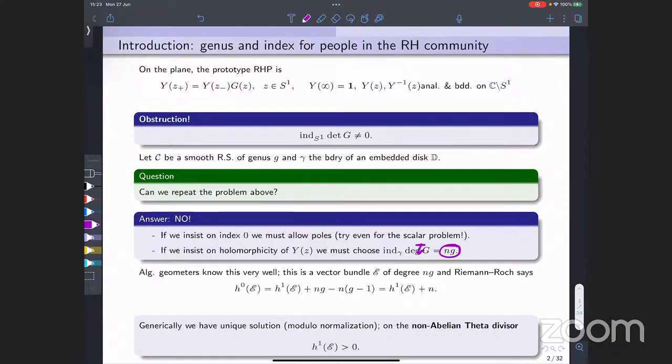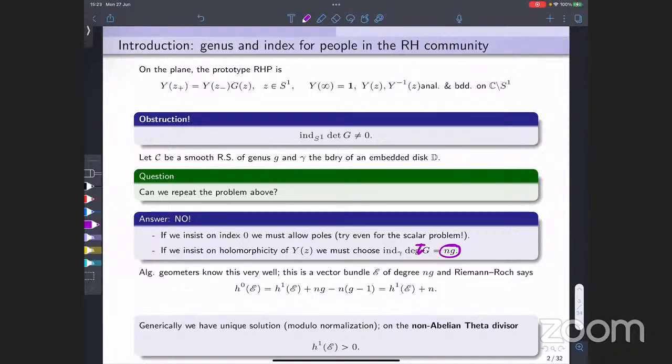And of course, this matches with the experience that we have in genus 0, where the standard problem has index 0. Here, the standard problem has index n times g. Now, algebraic geometers know this very well, why ng is the magic number here.